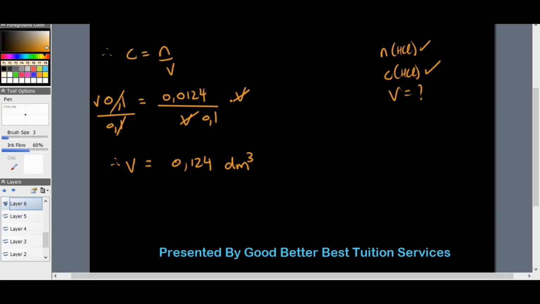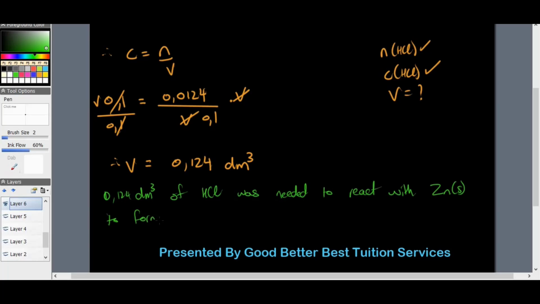So what that is saying is that 0.124 decimeters cubed of hydrochloric acid was needed to react with zinc, Zn solid, to form 0.85 grams of zinc chloride.